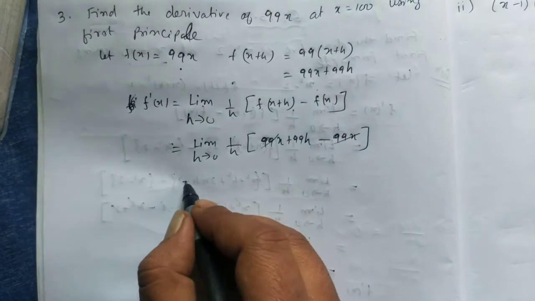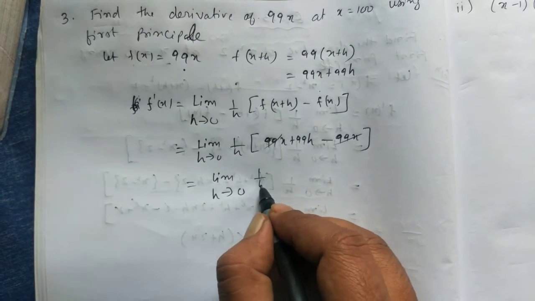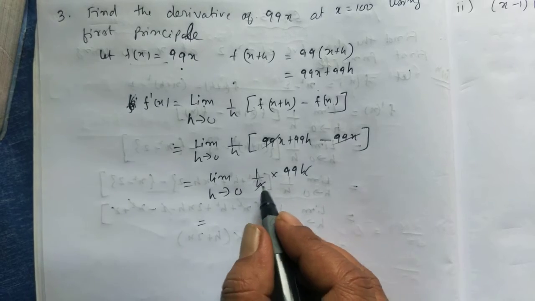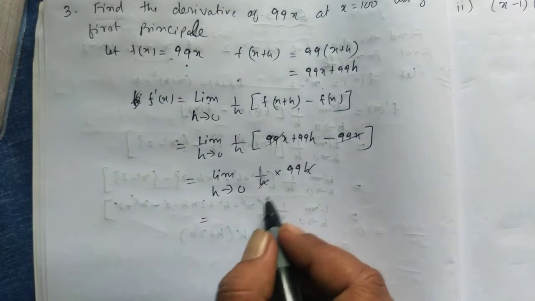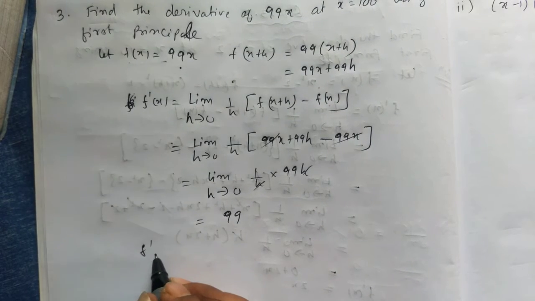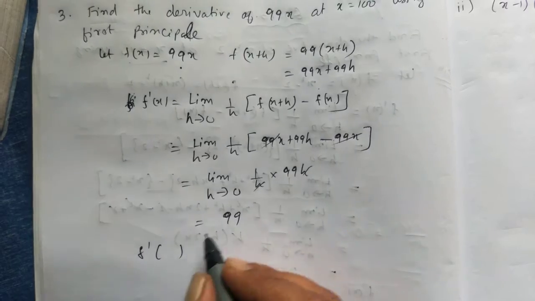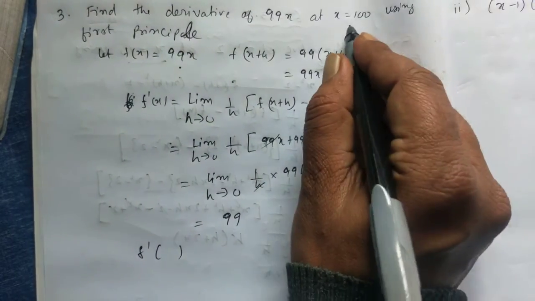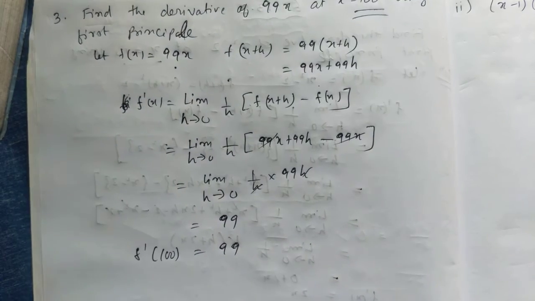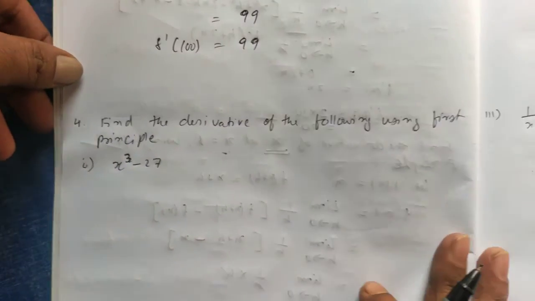This is cancelled, you are left with limit h tends to 0, h cancel, so we're getting only a constant, we don't have to put the value of h also. 99 is the answer. So the derivative of f(x) at 100 will be the same, 99, because we got a constant, so only 99 will be the answer. Let's do question number 4.